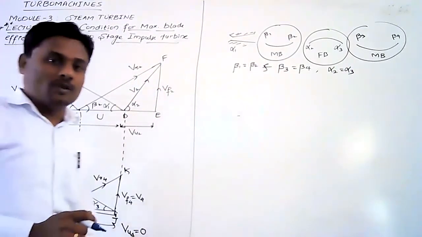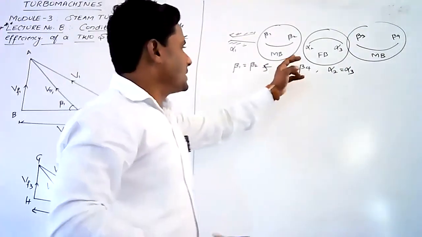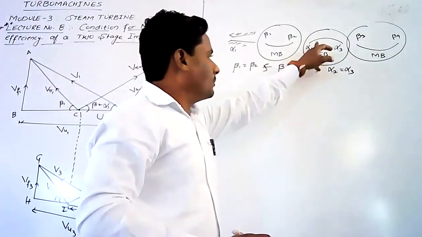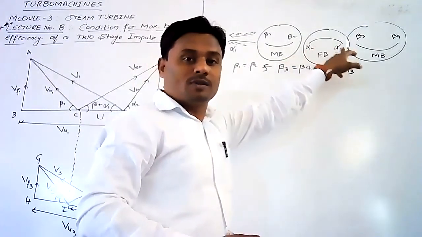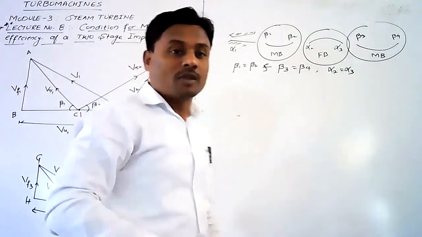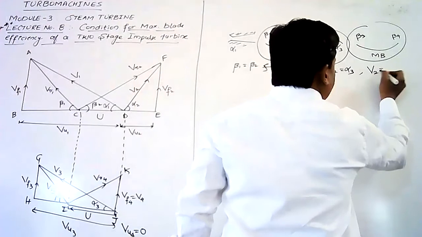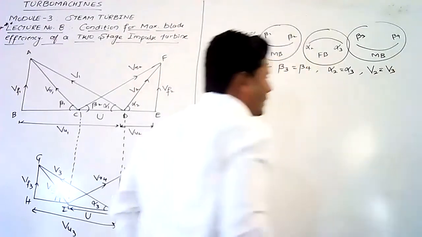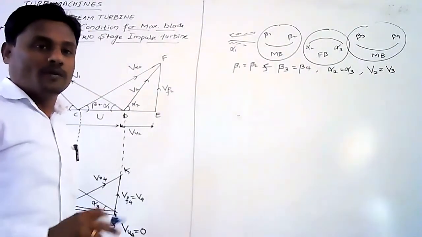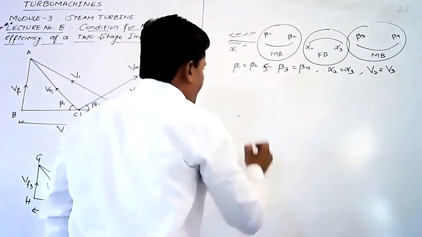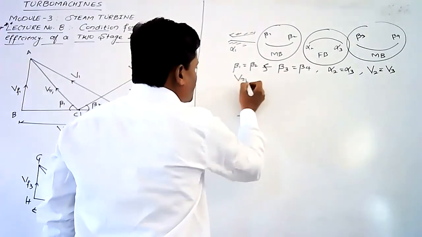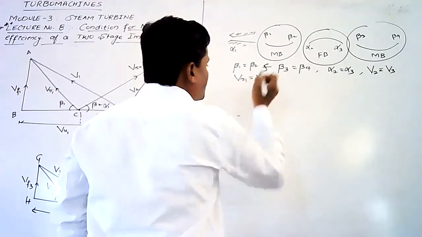Similarly, the velocity at which the steam enters the fixed blade is equal to the velocity of steam coming out of the fixed blade. That is, V2 must be equal to V3. And we will also make some more assumptions, like VR1 equals VR2.